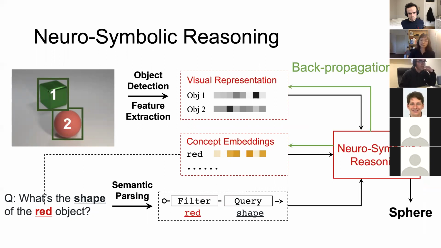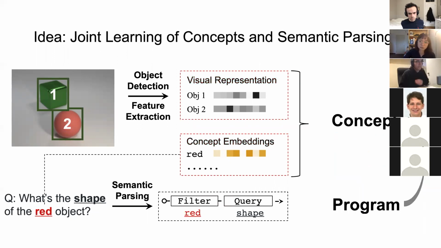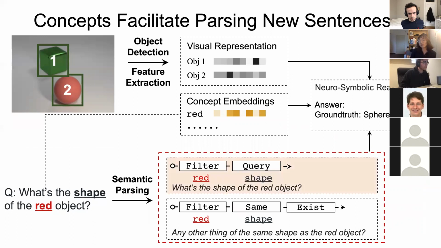Oh, I see. Okay, I got it. So here, basically this is a visual question answering task. The output space is defined as a predefined space of possible answers, which are just language tokens.